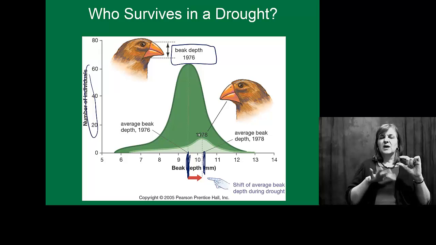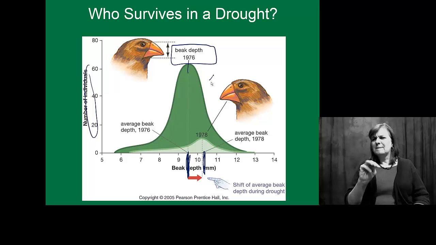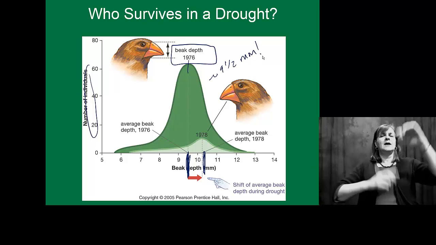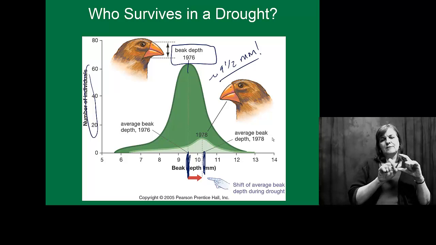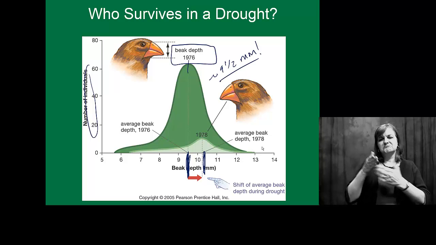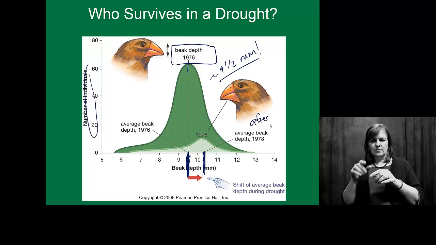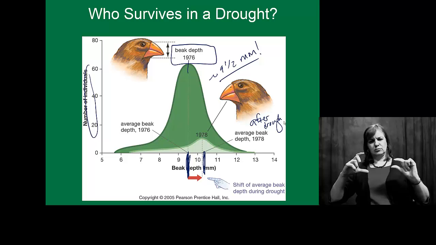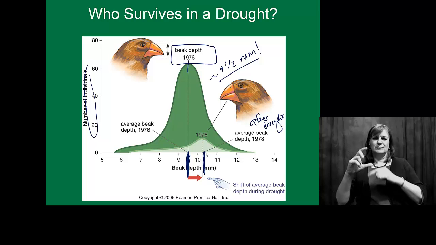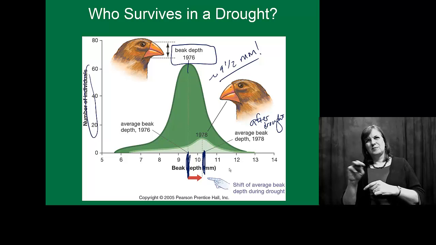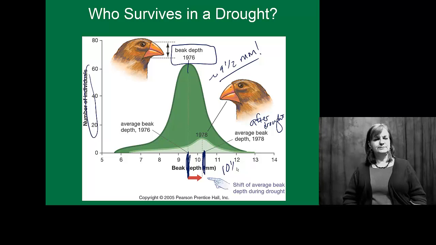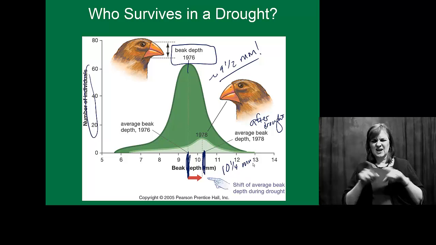Okay, so our pre-drought beak depth is smaller, about 9.5 inches, or 9.5 millimeters. 9.5 inches, that would be a giant beak. Oh my goodness. But in 1978, after this drought, we see a shift to a much larger beak depth, about 10¼ millimeters.